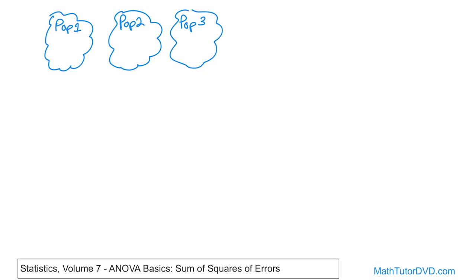And in the last section, the sum of squares among treatments was basically about how these different sample means behave, because don't forget, we do some sampling. We pull a subset of people out and we get a value, x bar 1. We pull a subset out here and we call it x bar 2, and we pull a subset here and call it x bar 3.